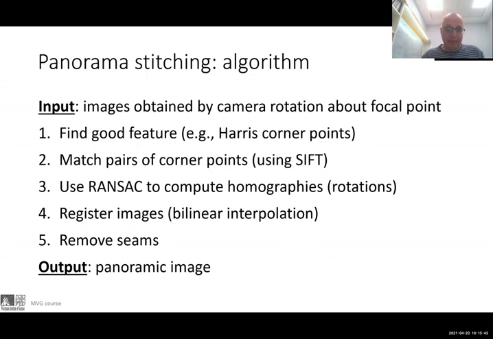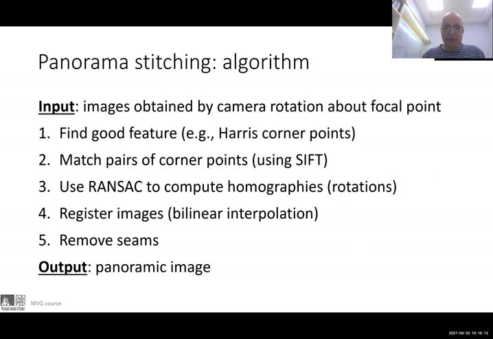Okay, so the full algorithm for panorama stitching is written here. You get several images obtained by camera rotation about the focal center. The first step is to find good features, for example using Harris corner points or SIFT. Then you find matches using SIFT.